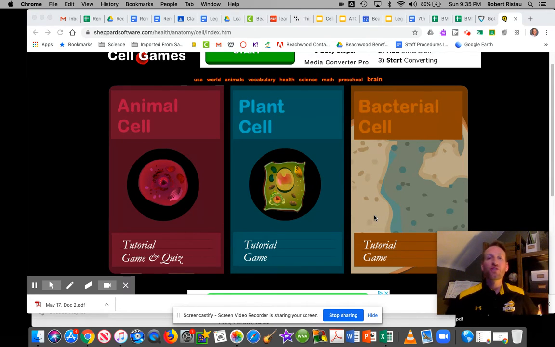So I'm going to use this website called Shepherd Software, and I'm going to go through with you some of the hints and clues that I use to be able to identify parts of a cell in any diagram, because even though they're similar, there's lots of differences.